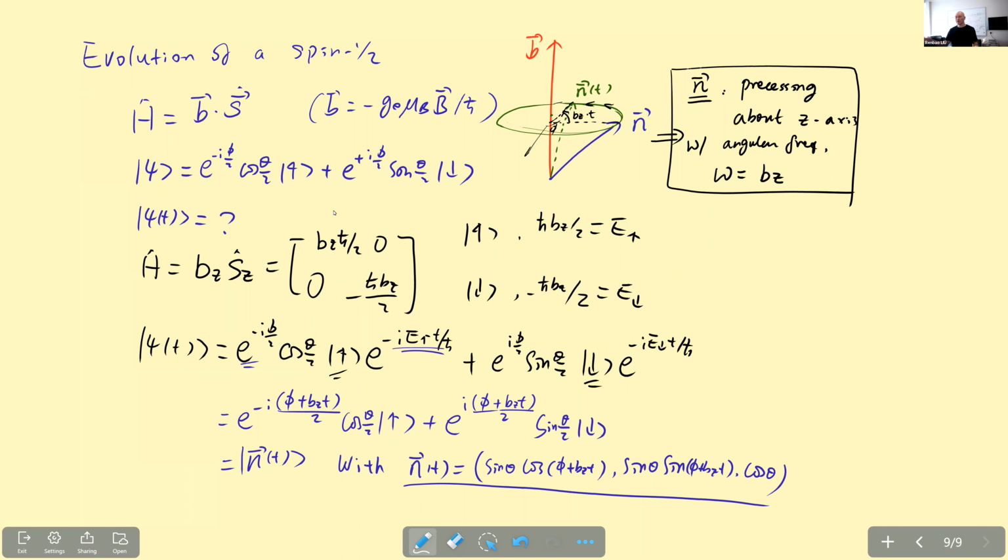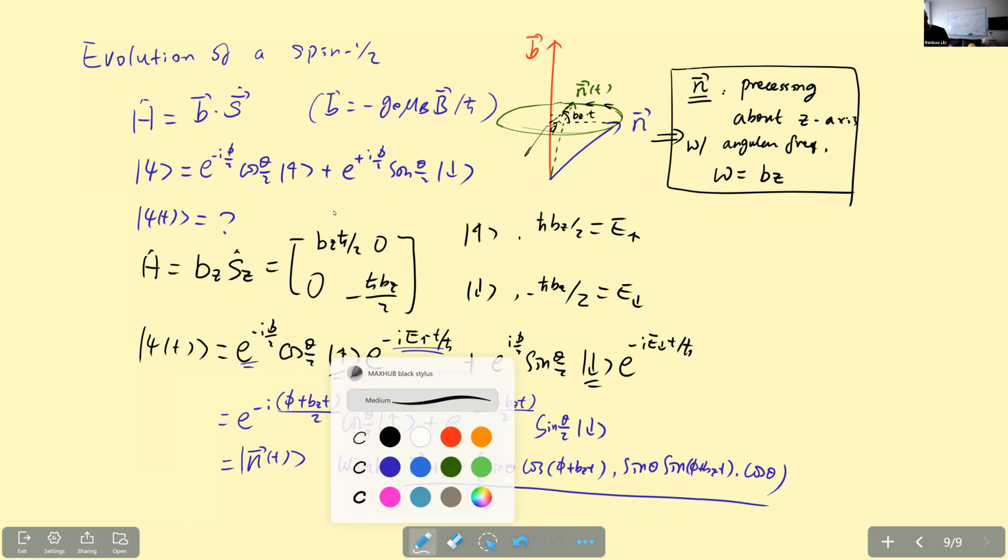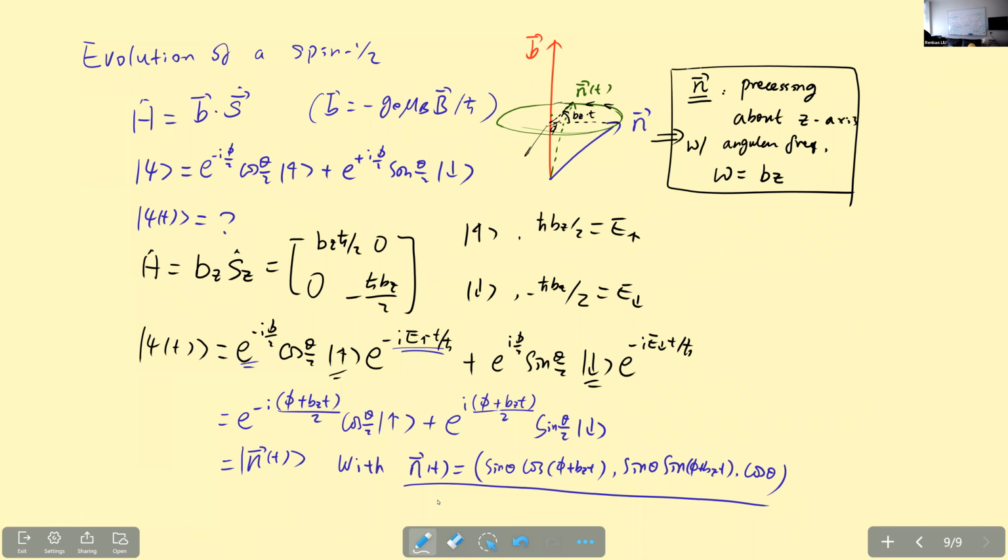So that means the spin will always be precessing about the B field. So we just define this direction as the z direction.